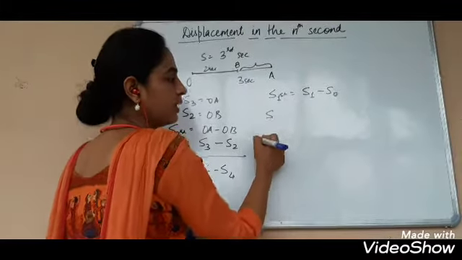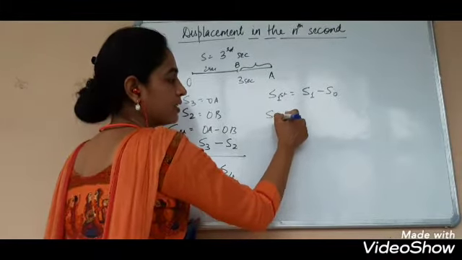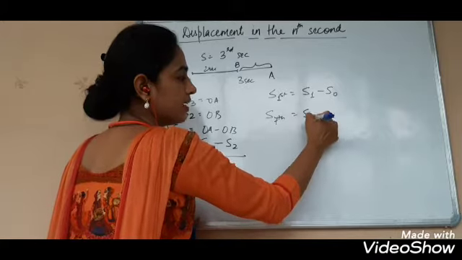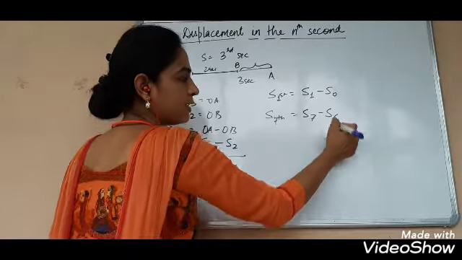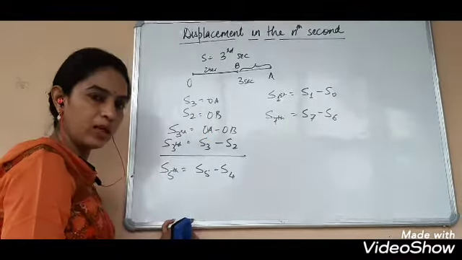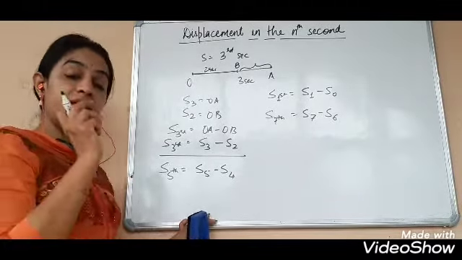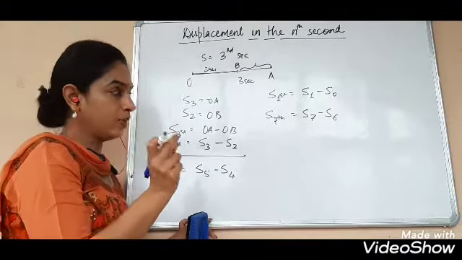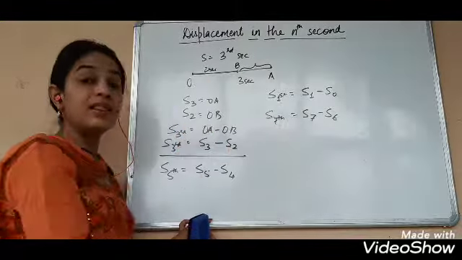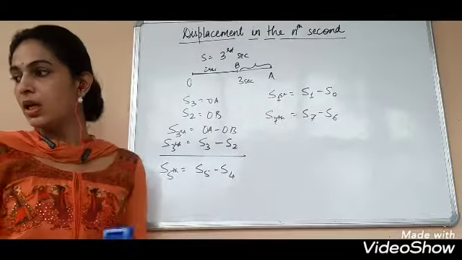Displacement in the 7th second will be 7 seconds displacement minus 6 seconds displacement. So this is how you can find displacement in a particular second, displacement in the nth second.